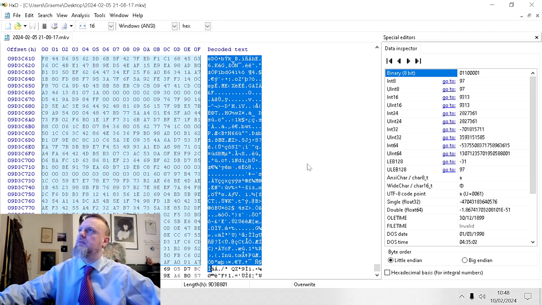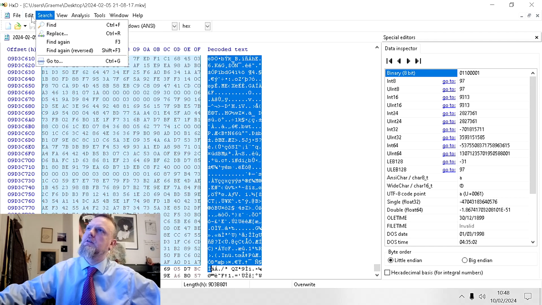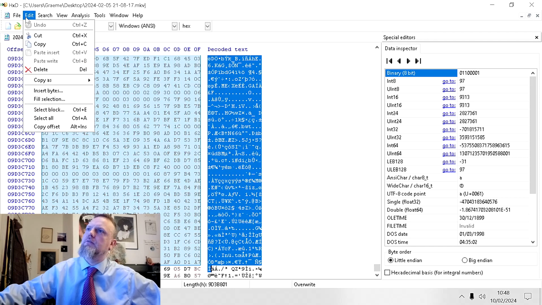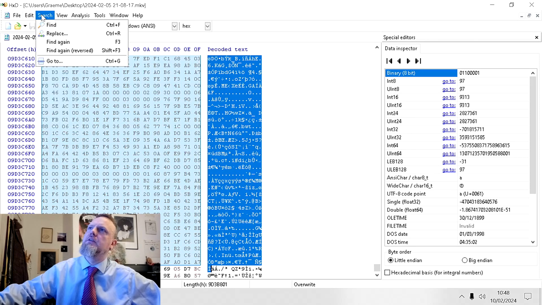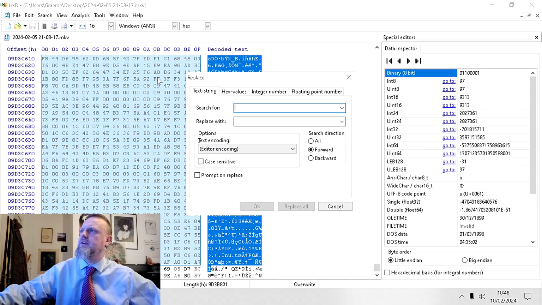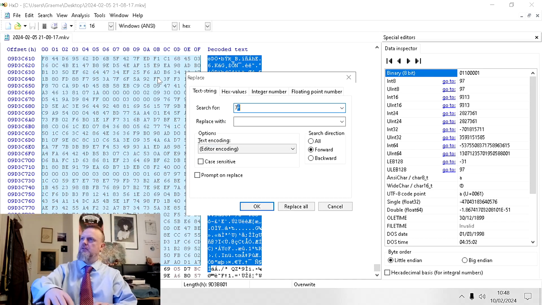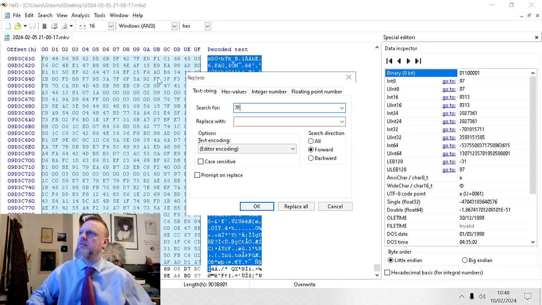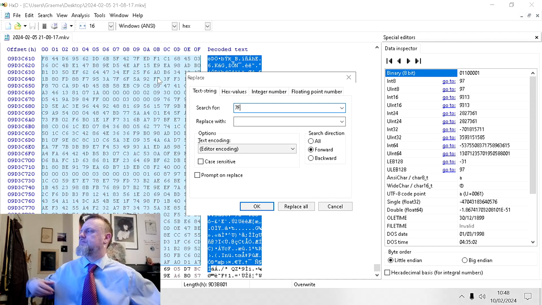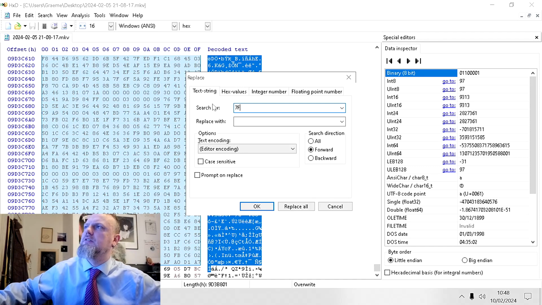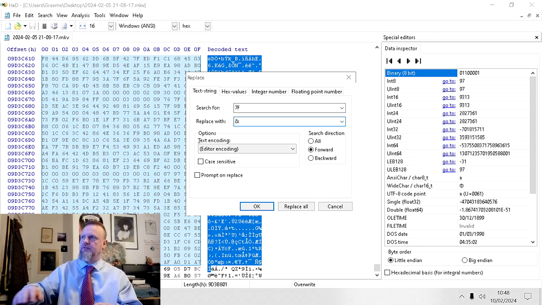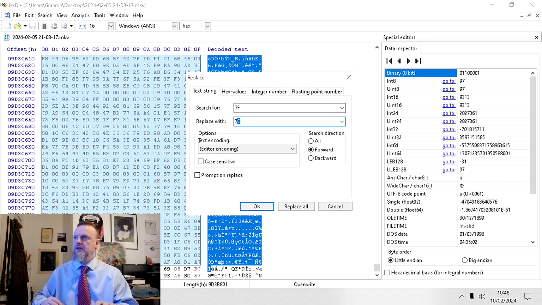And what I'm going to do, where are we? There we go. I'm going to replace every 7F here with 7E.